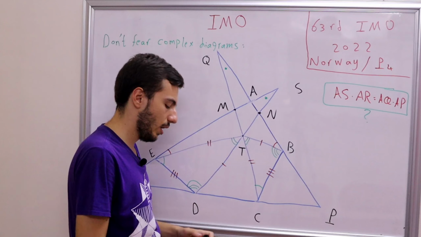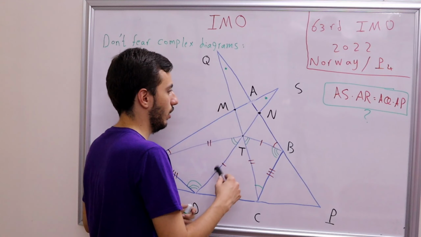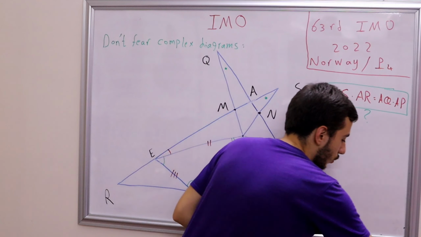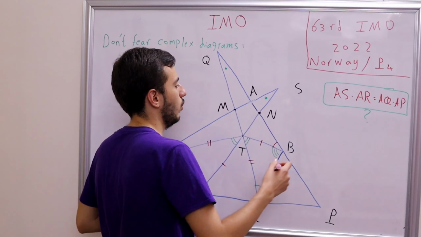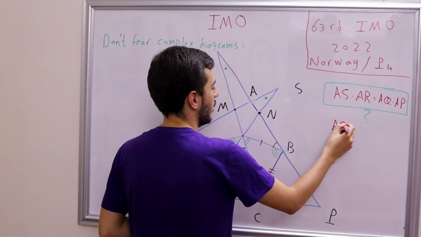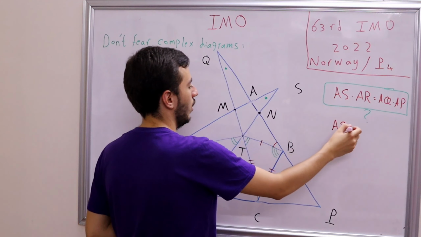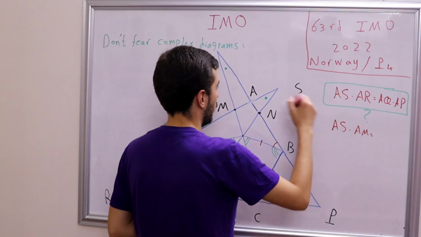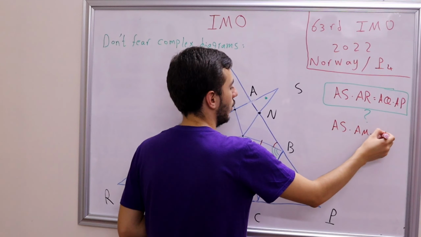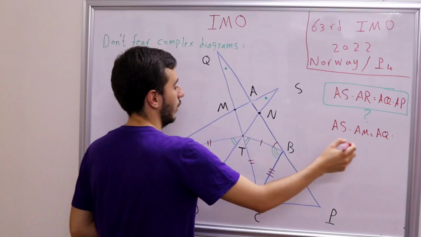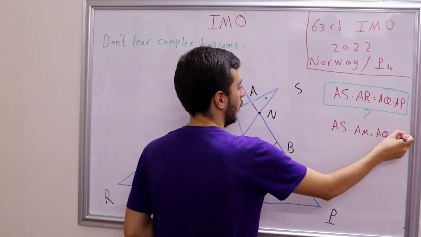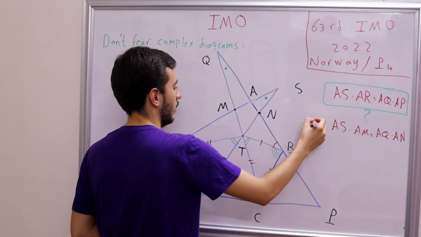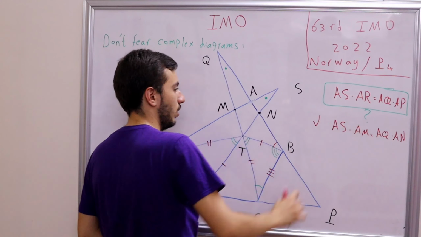So let's actually write that down, what we know about this one here. So we know that AS times AM equals AN times AQ. We know this. We want to show this.